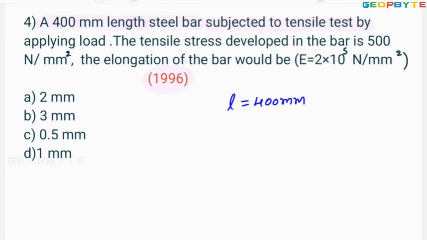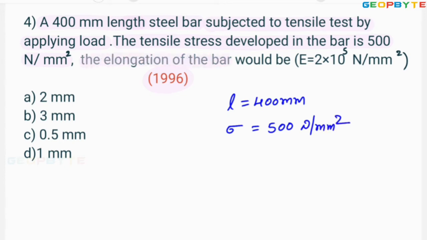It is subjected to a tensile test by applying load. The tensile stress developed in the bar is 500 Newton per mm square. Let that be sigma, equal to 500 Newton per millimeter square.